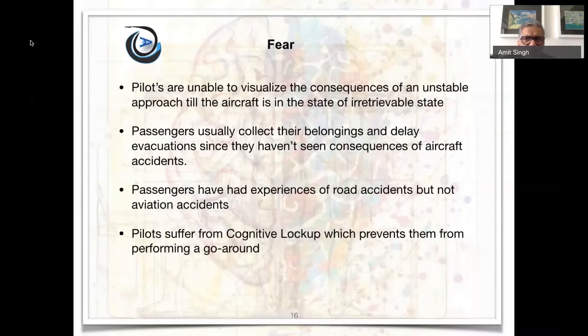So an unfinished task is always troubling, and it keeps occupied a part of the memory. Therefore, the human brain tends to finish that unfinished task so as to move on. The cognitive lockup basically wants to complete the task in hand rather than switching to a higher priority task.